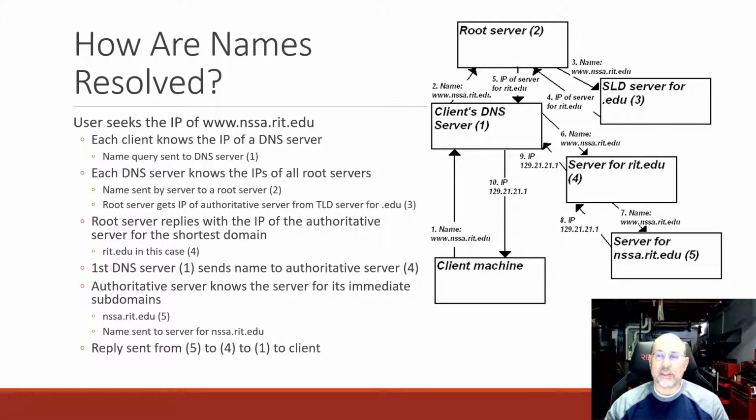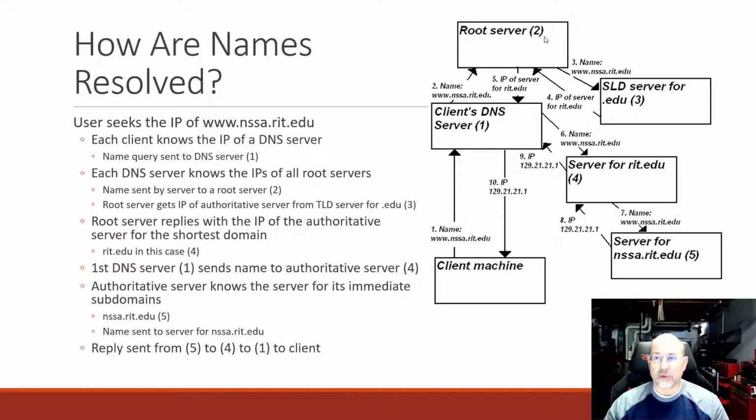So the client's server comes back and says, well, I don't know that answer, right? So the client's name server doesn't have a cached entry, and so it has to go up the tree farther to try to find this name. And so we can see that this query is moving up the chain. And so now, because it comes from the server, we know that we're looking at a recursive server.